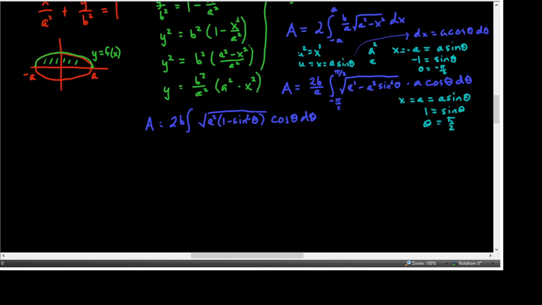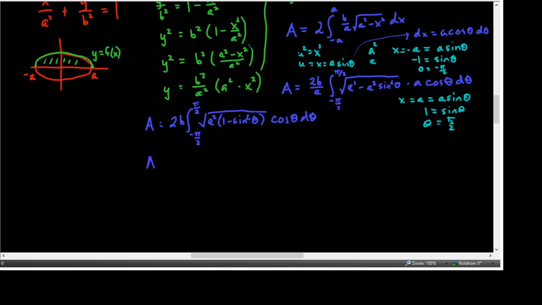Okay, so negative pi over 2 to pi over 2. I still feel like I've made a mistake someplace. I may have to go back and think about this a second and figure it out. Because it doesn't agree with what my notes say, but that's okay. Well, I'll figure it out.